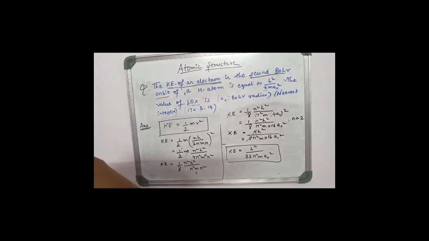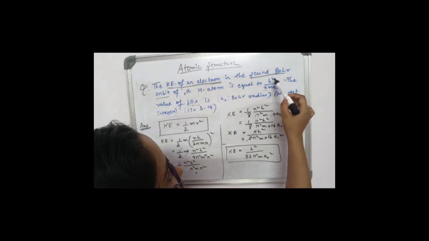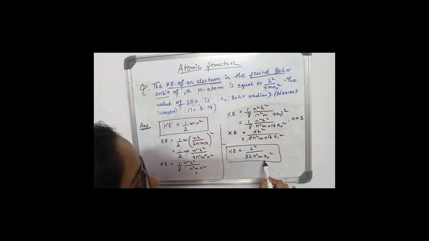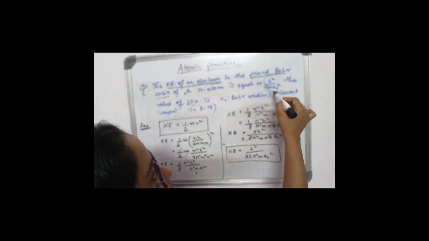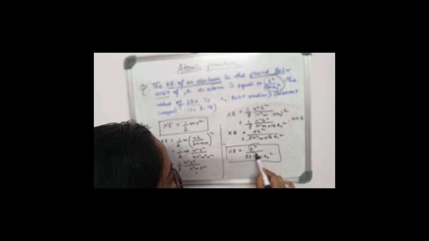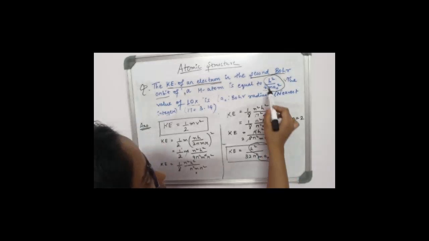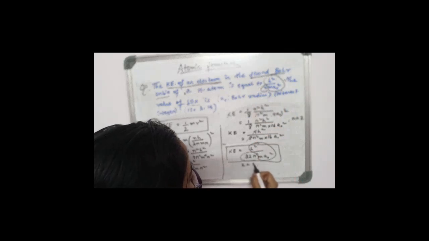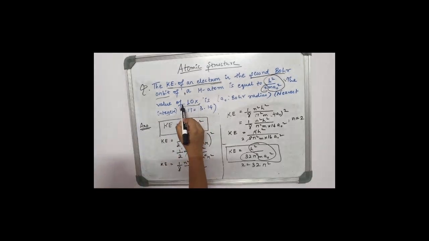So now, what did we have to actually find out? Here you can see that we have arrived in this form: x square h square by m a0 square. So what we require is x. This x in this case is 1 by 32 pi square. We require the answer in the form of 10x.